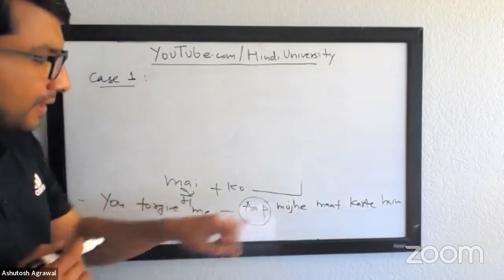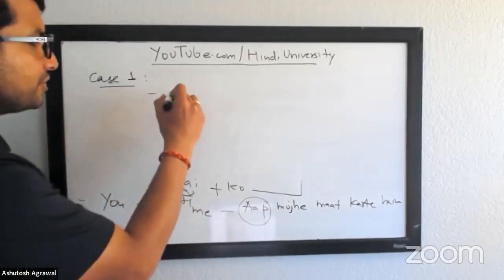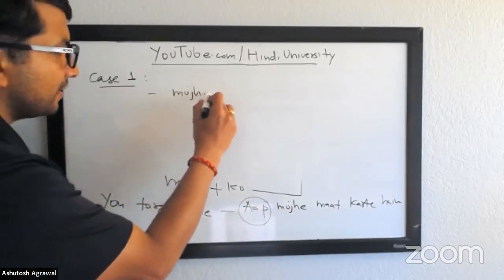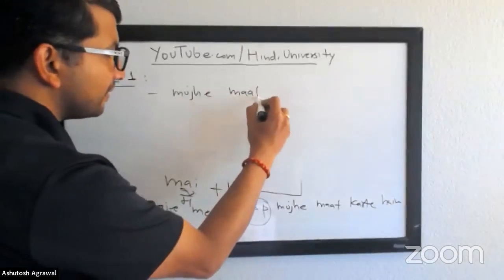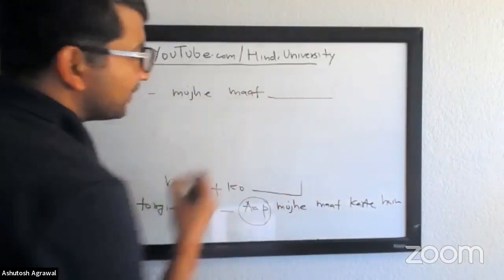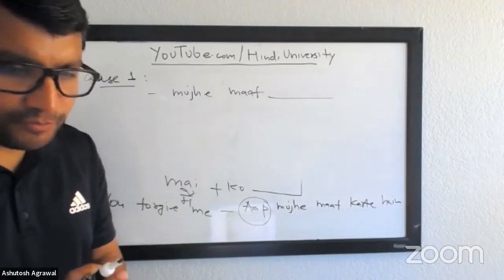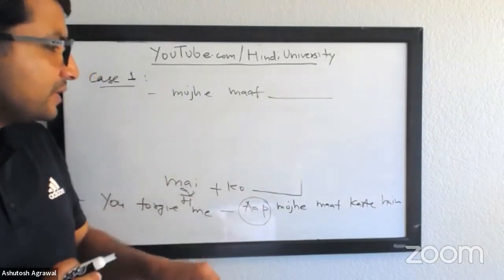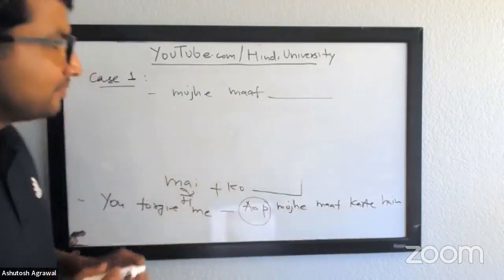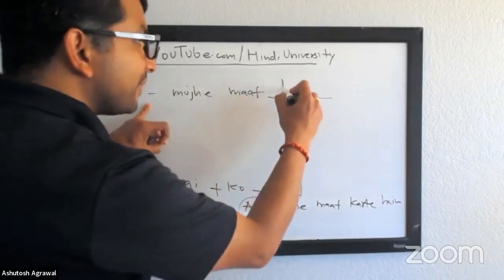You can say mujhe maaf. Use different forms of imperatives here. Shan, which other imperatives can you use here? Kijiye. Very good. Mujhe maaf kijiye.